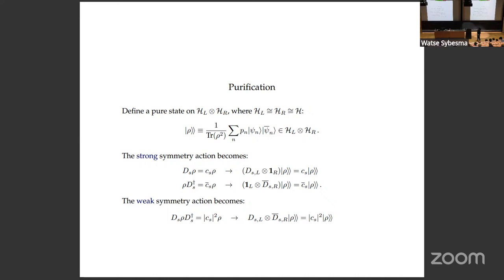And for this kind of state, you could now ask, what is the notion of strong and weak symmetry? The strong symmetry now says you have two Hilbert spaces, a left and a right. Strong means you can act on the left and it needs to be invariant, or on the right, and it needs to be invariant. And the weak symmetry says you have to act with both at the same time, and then it needs to go back to itself.